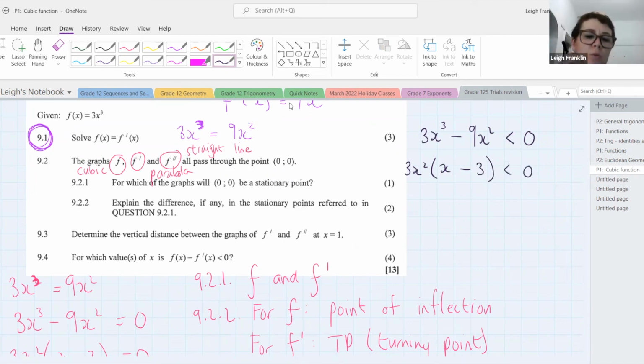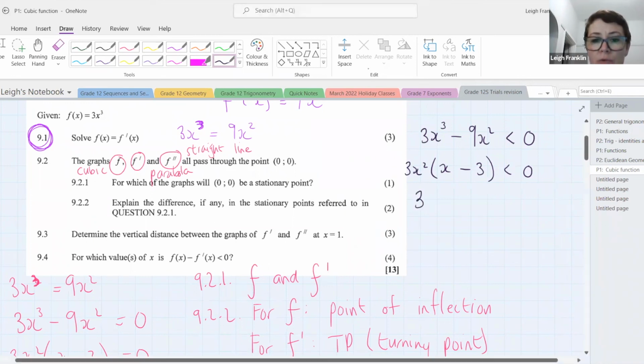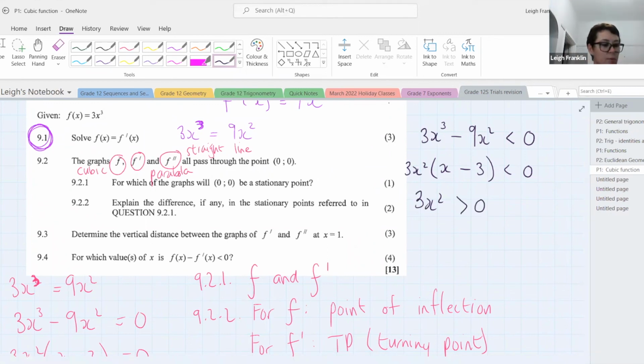Now, this is the part where we need to think. What can you say about 3x squared? Is it possible for 3x squared to be smaller than 0? No, it's not. Okay, so for any real value of x, 3x squared is always going to be greater than 0.